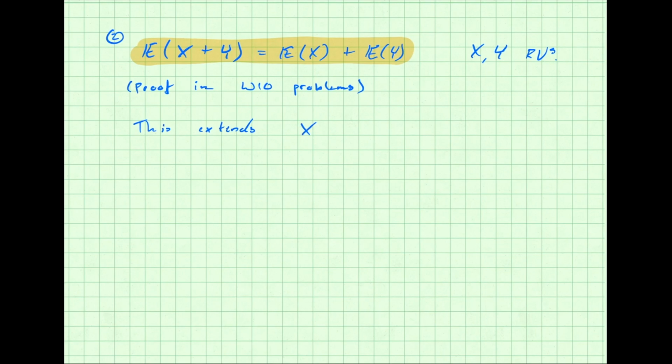Let's make x1 up to xn, let's make those all random variables. Then it is the case that the expected value of the sum of those is actually equal to the sum of the expected values.